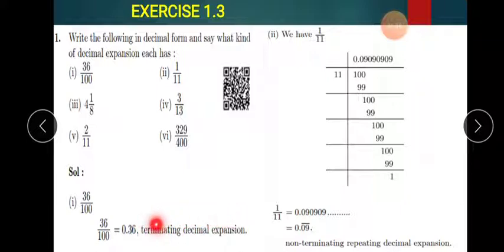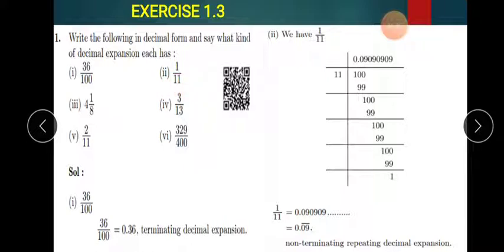So we can say the decimal expansion of 36 by 100 is 0.36, which is a terminating decimal expansion, because after the decimal 2 digits it ends. So the decimal expansion which ends after some digits is called a terminating decimal expansion. Got it clear? Let us see one more question.